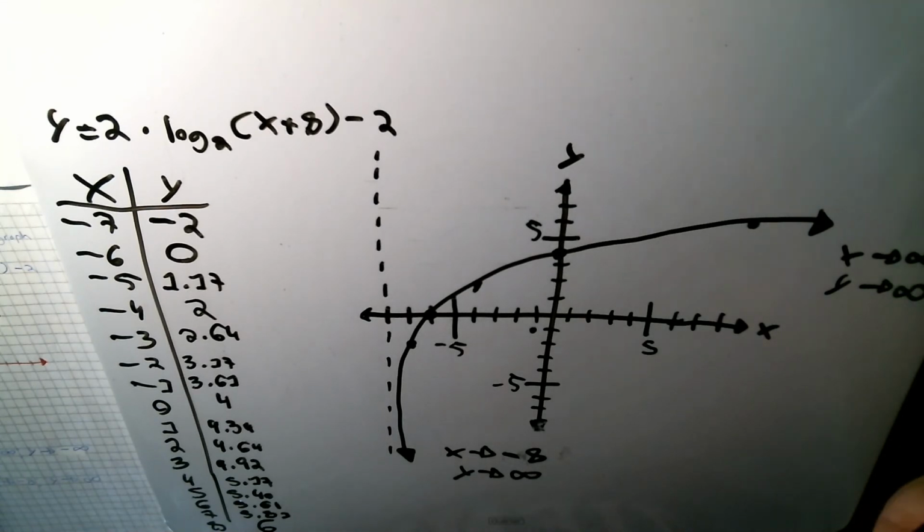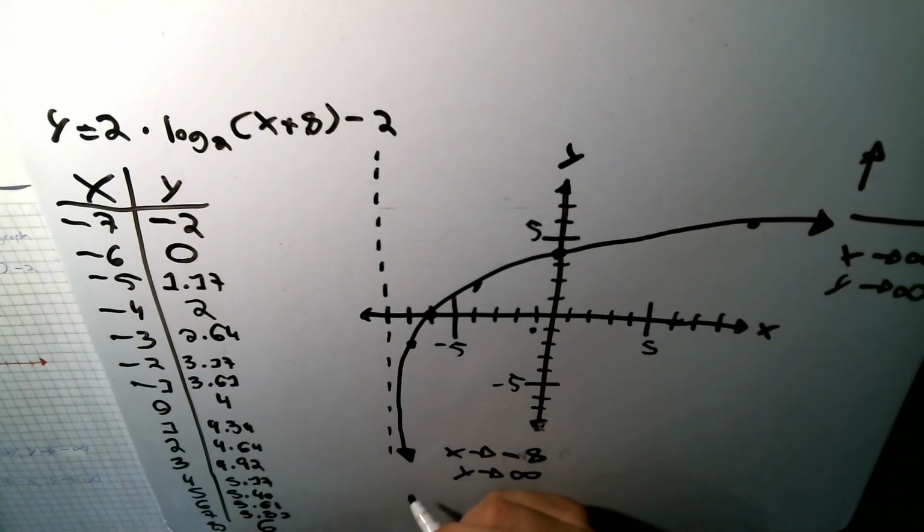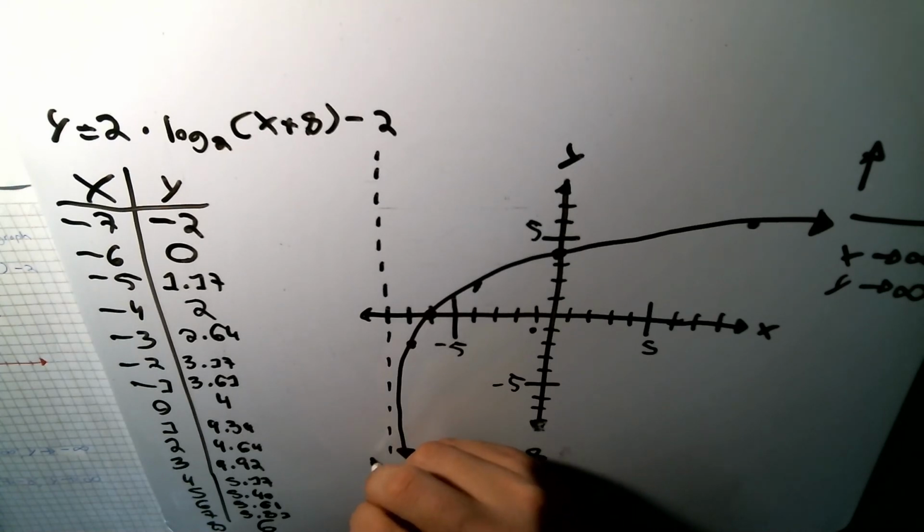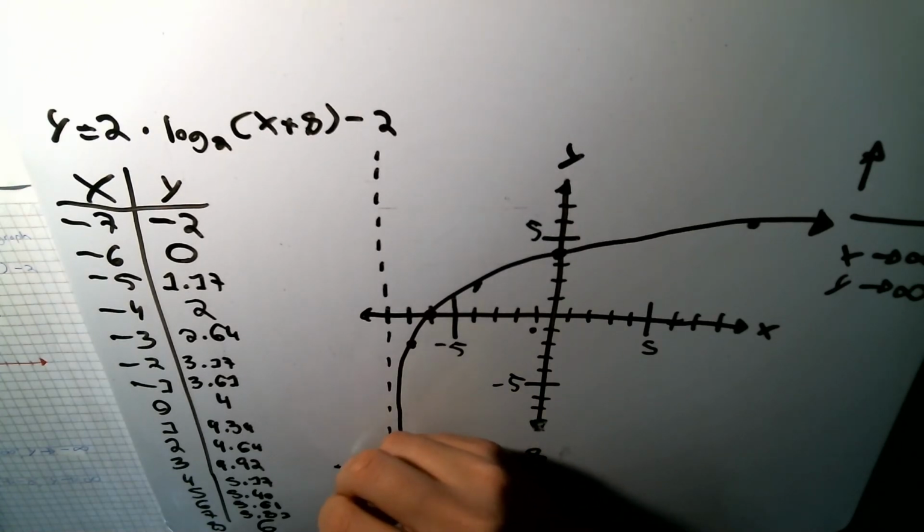How do we know this? Because the right side is going along the x-axis infinitely, but is also going upwards infinitely, and the left side is going downwards infinitely in the y-axis, of course, and toward the side it is approaching minus 8.